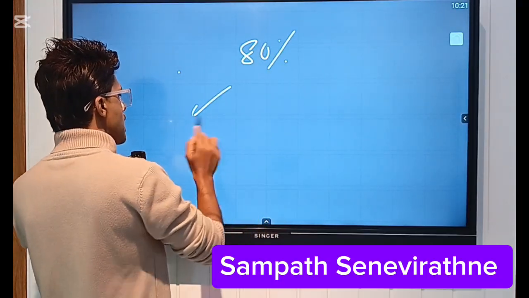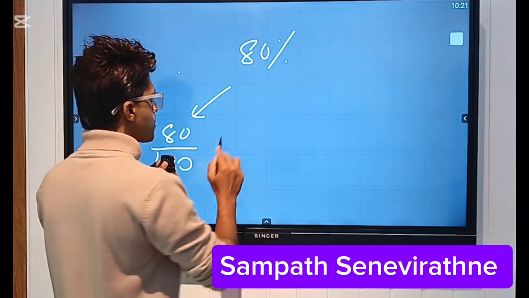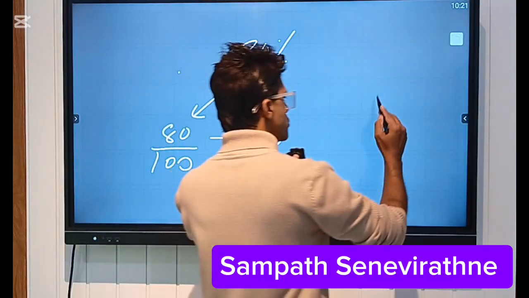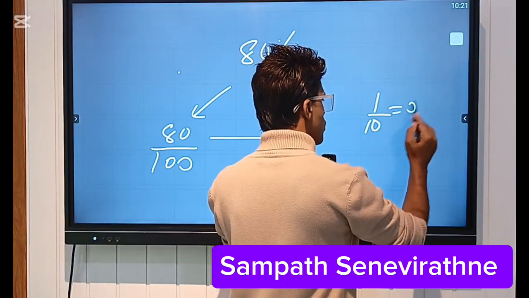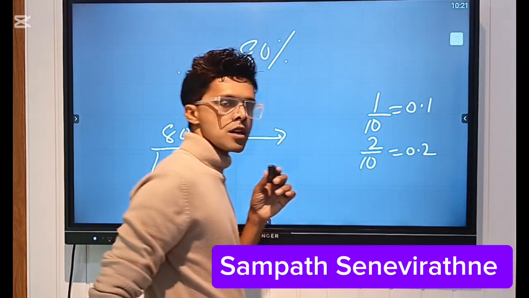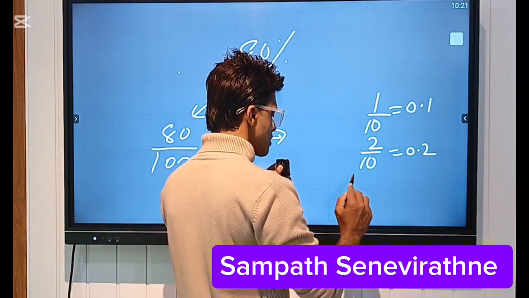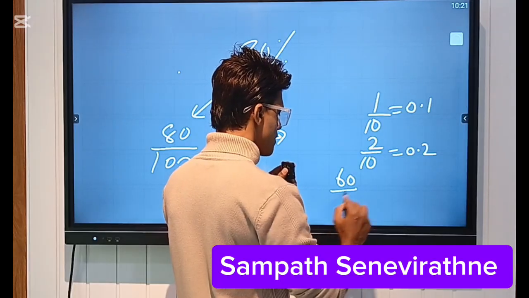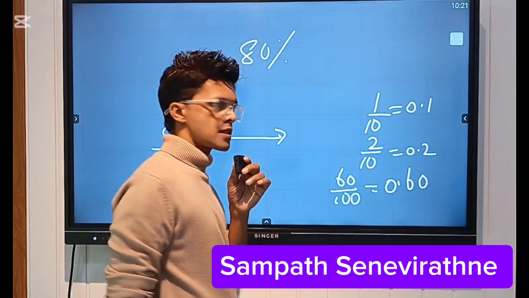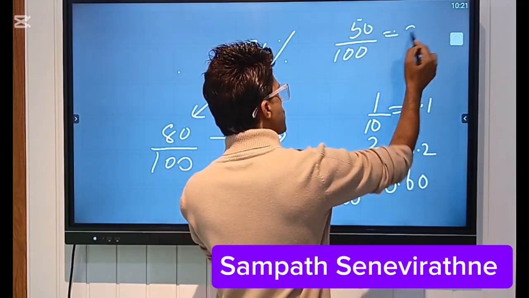We've written this one as a fraction, and this fraction can also be written as a decimal. In general, 1 over 10 equals 0.1, 2 over 10 means 0.2, and so on. So 60 over 100 equals 0.60, and 50 over 100 equals 0.50.